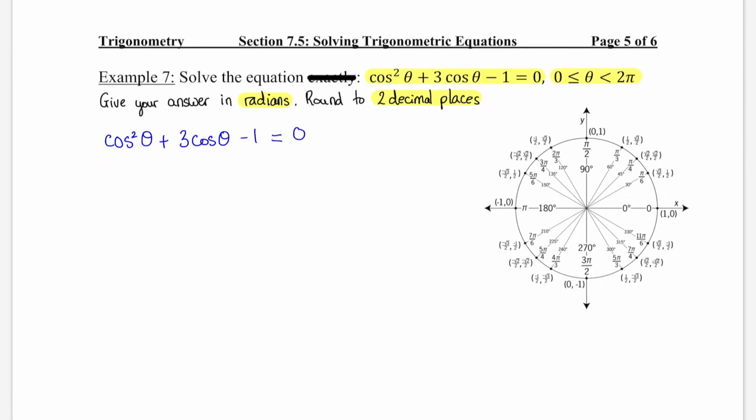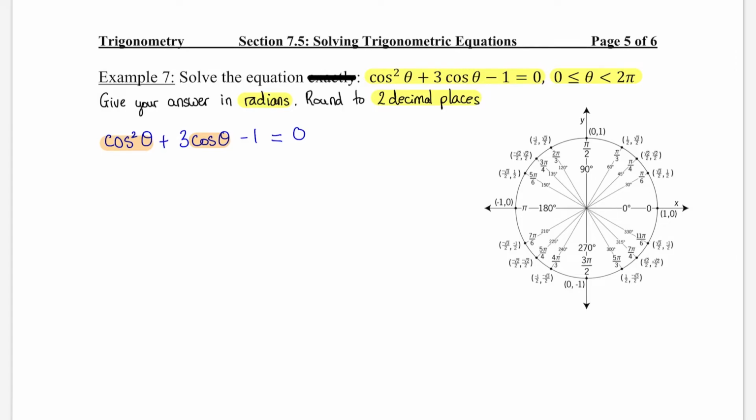This is a trigonometric equation in quadratic form. How do I know? That is when your trig function is raised to a square power. If you have a trig function in quadratic form, I highly recommend you replace your trig function with a variable, for instance x or t or a or any variable that you would like.